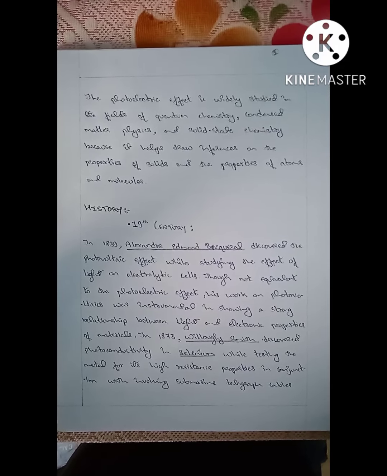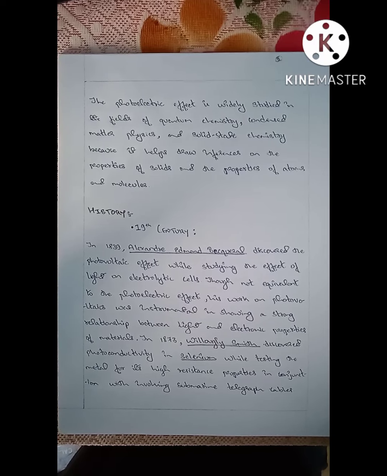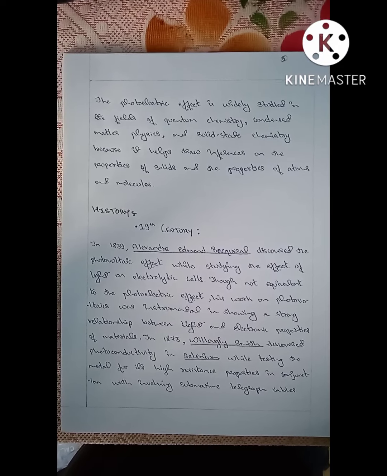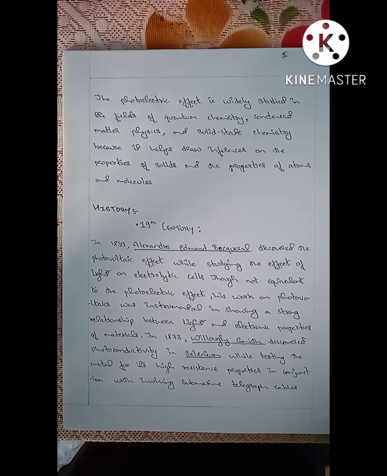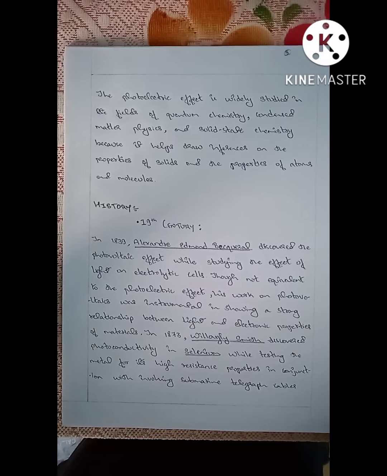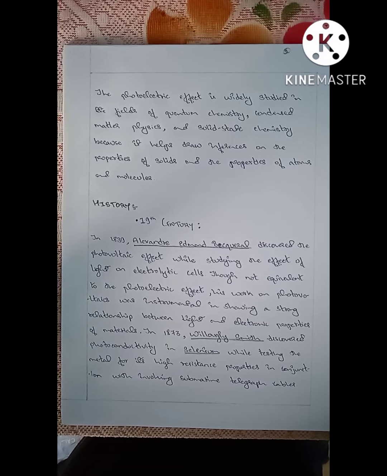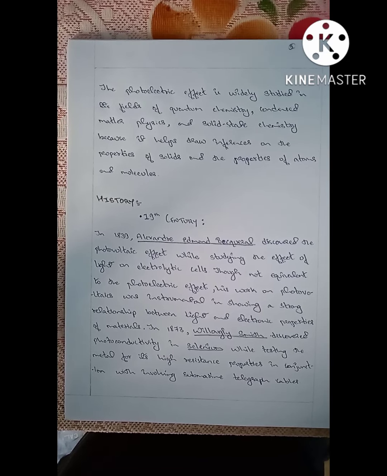If we talk about the history of the photoelectric effect, during the 19th century, in 1839 Alexandre Becquerel discovered the photovoltaic effect while studying the effect of light on photovoltaic cells. Though not equivalent to the photoelectric effect, his work on photovoltaics was instrumental in showing a strong relationship between light and the electronic properties of materials.